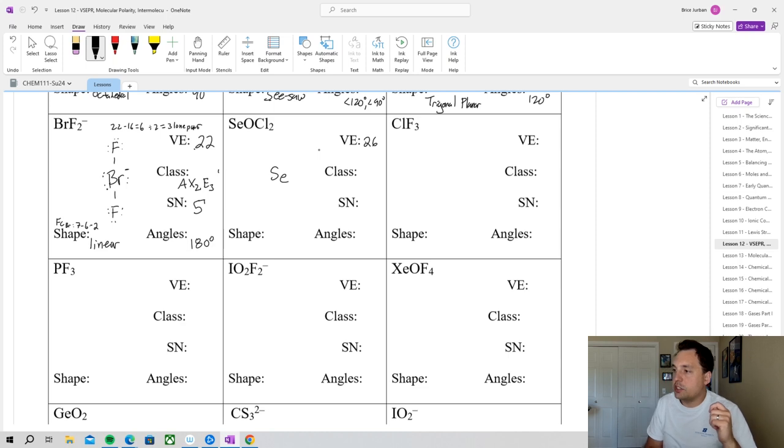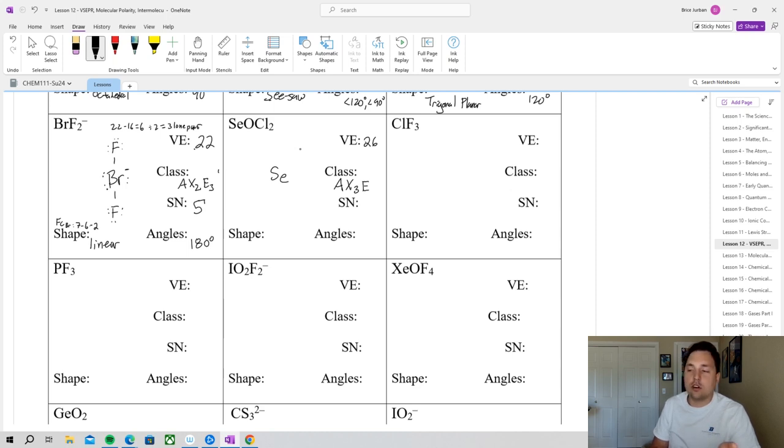And the notation here, the class, is, well, there's going to be 3 atoms bound to the selenium. And then if we put 8 electrons on each of those, that'll be 24. And then we're going to have 2 left over. So then it's going to be AX3E.